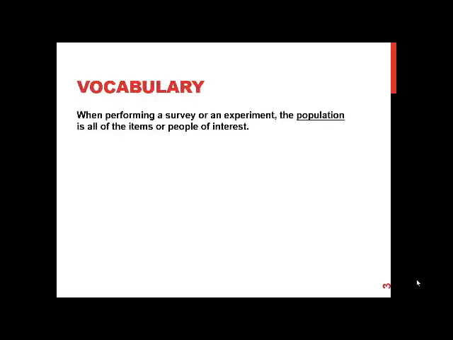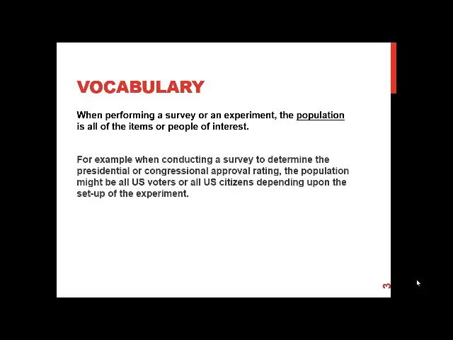When performing a survey or an experiment, the population is all of the items or people of interest. For example, if you're conducting a survey on approval ratings for Congress or the President, the population might be all U.S. voters or all U.S. citizens or all U.S. adults, depending on the setup of the experiment, what you're trying to measure.